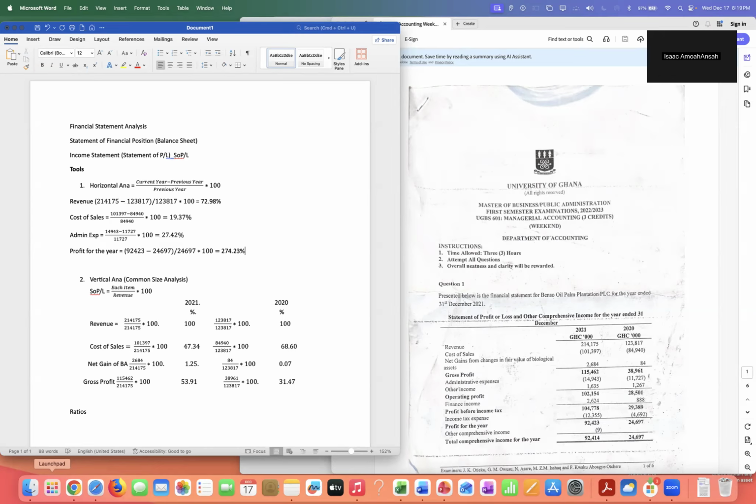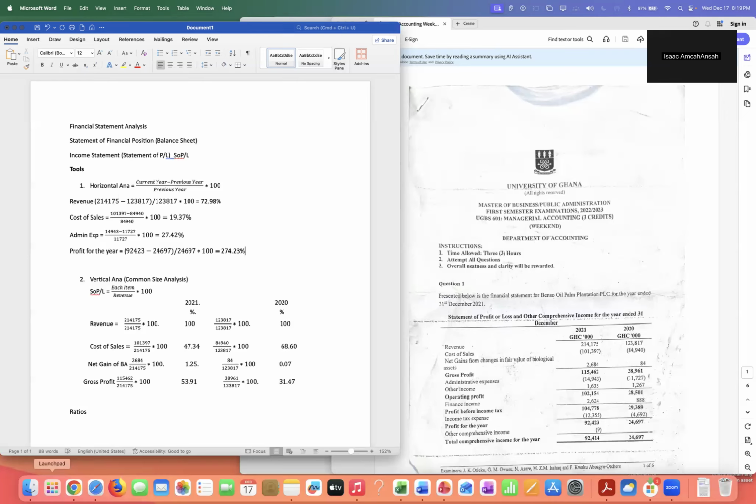Right? I've said plenty of stuff, but all I'm trying to communicate is that in 2021, the firm kept a higher gross profit than in the past year.